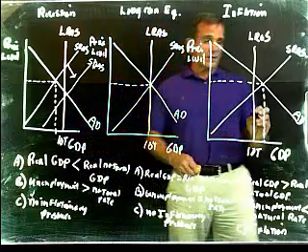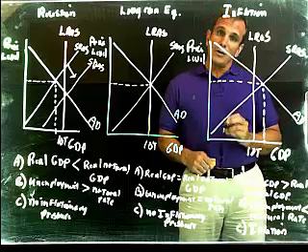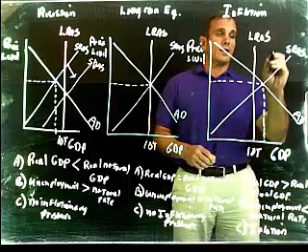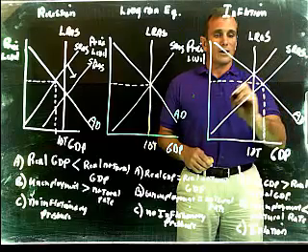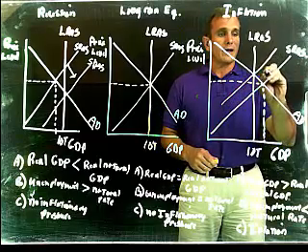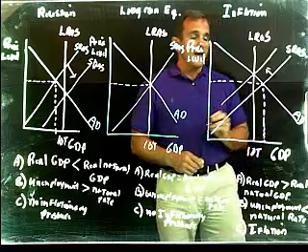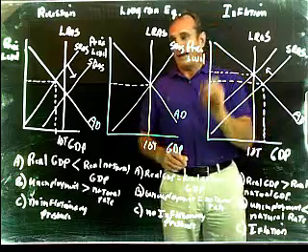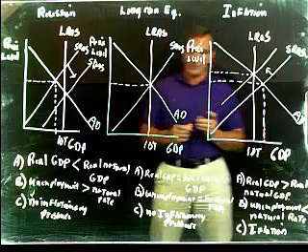If we have an inflationary period and wages are too low, now employees can bargain for higher wages. This drives up costs and causes short-run aggregate supply to shift to the left, and we return to full employment GDP at a slightly higher price level.